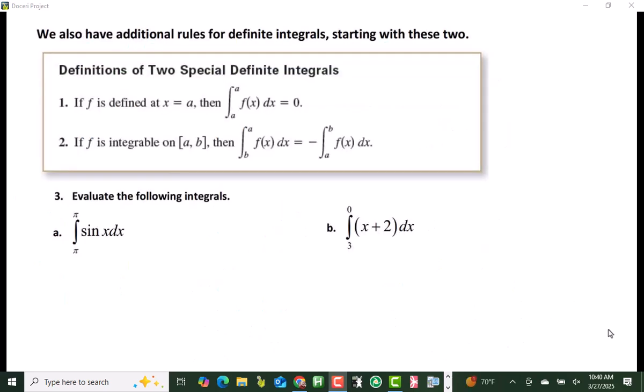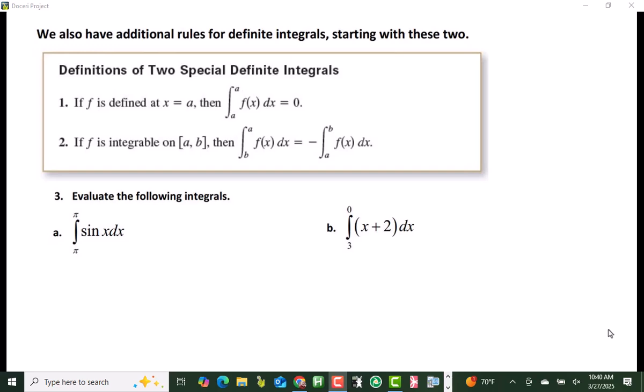We're almost there. 2 special definite integrals. Look at number 1. What's special about that? What's my interval? A to A. How wide is that? It's not. So the area is 0. Surprise, surprise.